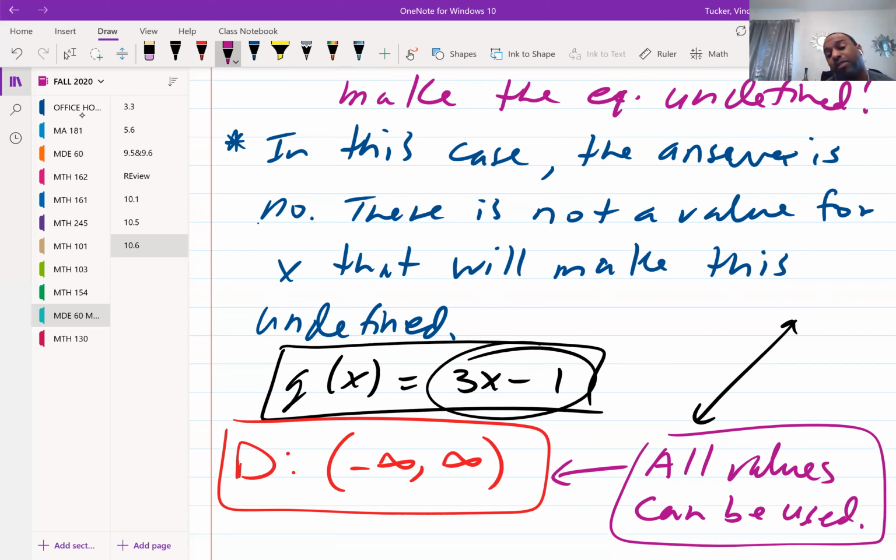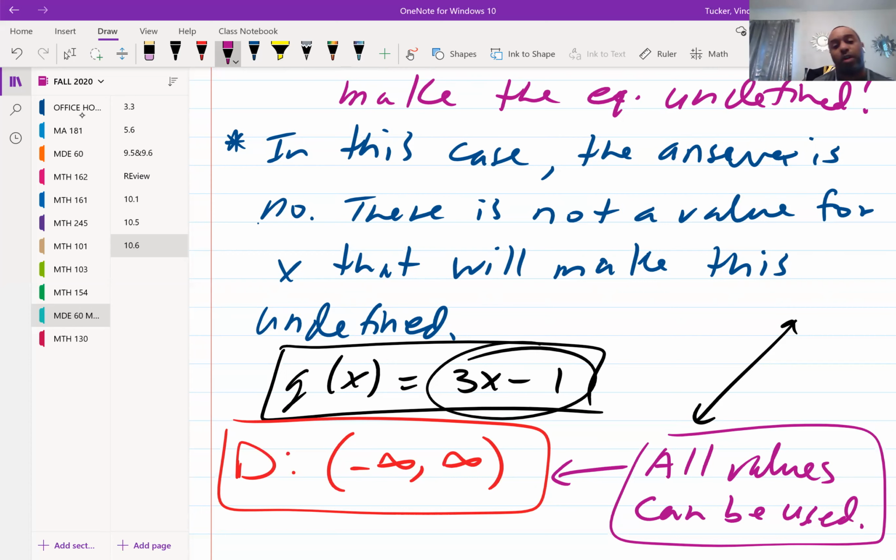Questions on that? So there has to be some type of pre-existing condition that will cause you to think about what you cannot use. When you have fractions, you cannot have 0 in your denominator, so you want to know what will create a 0 in my denominator. That's why you take the denominator, set it equal to 0, and solve for x.